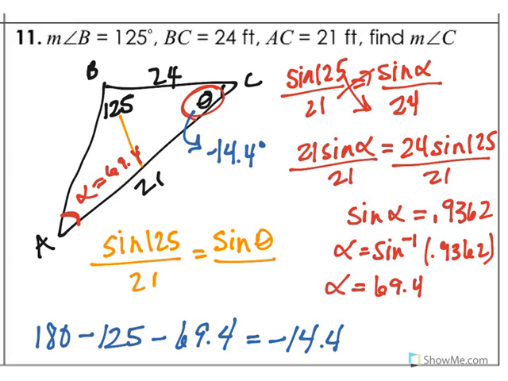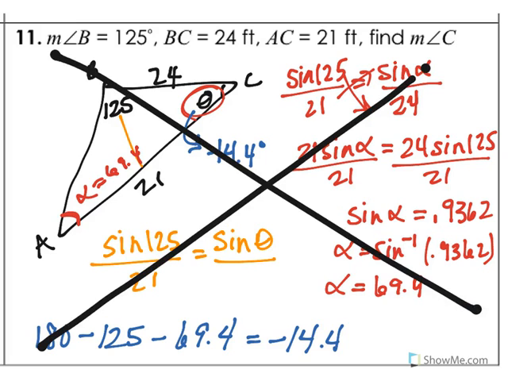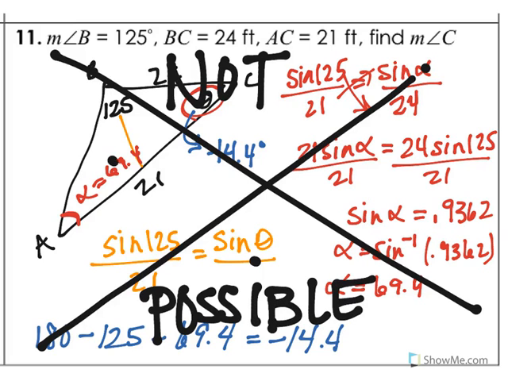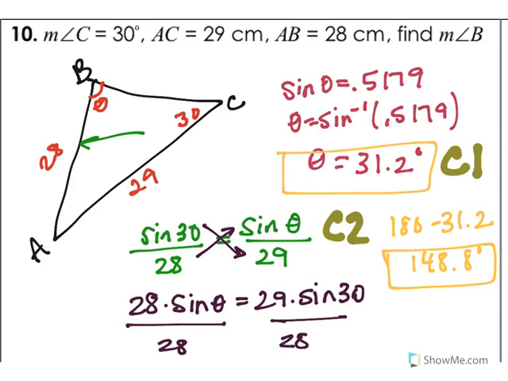So because of that, this is not possible. Not possible. Okay? Because when I did 180 minus 125 minus alpha, alpha was 69.4, it gave us a negative measurement for theta. You can't have that. Okay? So we're all done, and that's it. Okay, bye.